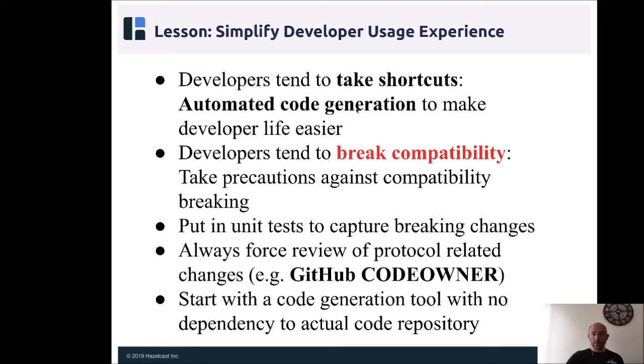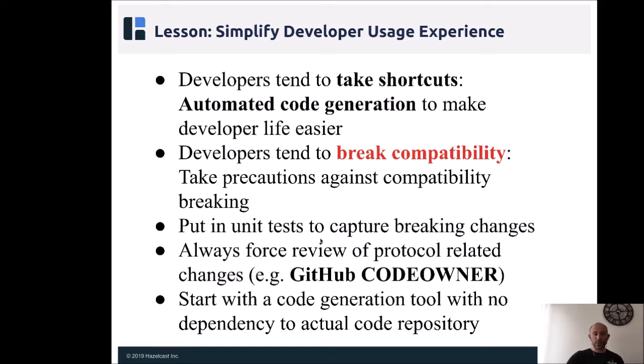So we always have to provide automated code generation, because developers tend to take shortcuts, and in these shortcuts they tend to break compatibility. So put in some precautions, some tests, to protect against compatibility breaking.